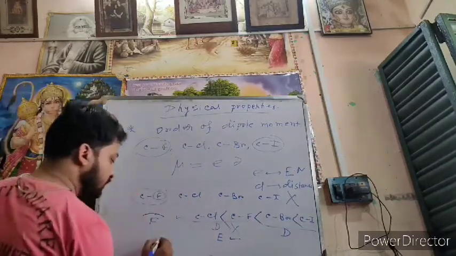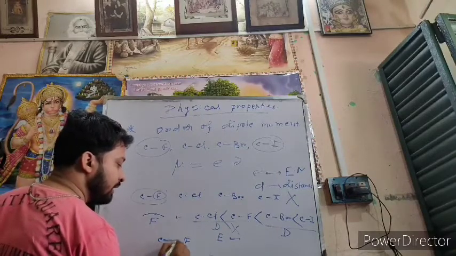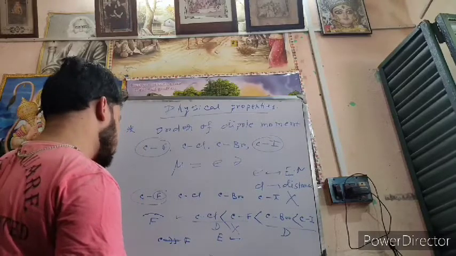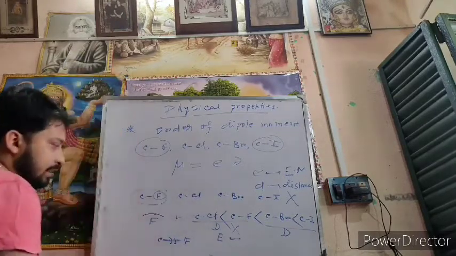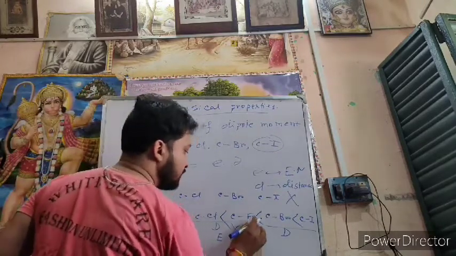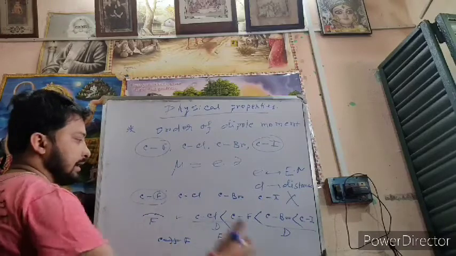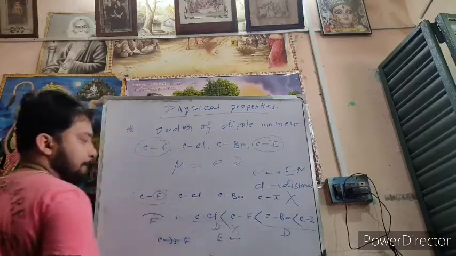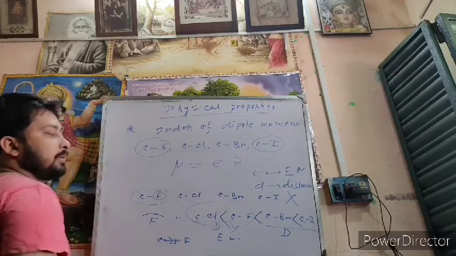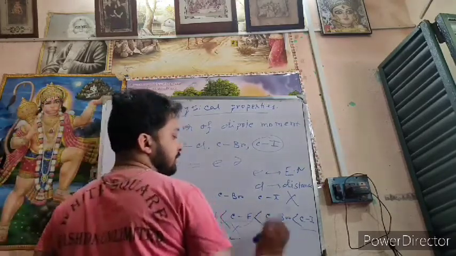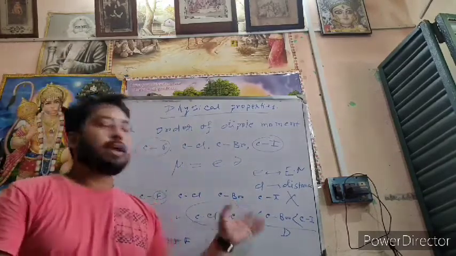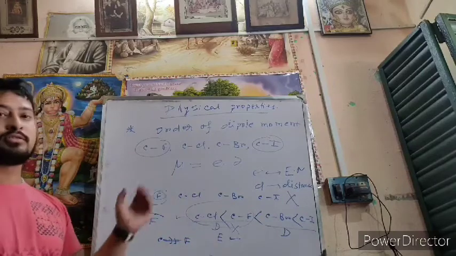Therefore, fluorine has high electronegativity, so the dipole moment of the compound is high. So from chlorine to fluorine, electronegativity is working, and from bromine to iodine, distance is working. Okay, this is a vital question.